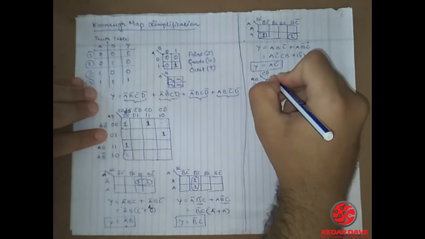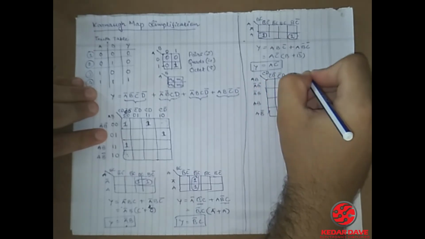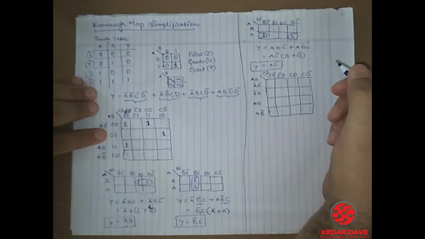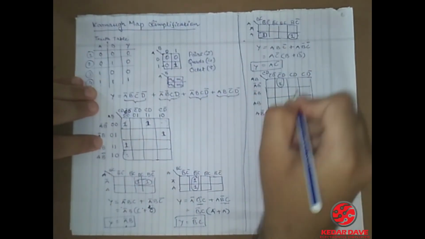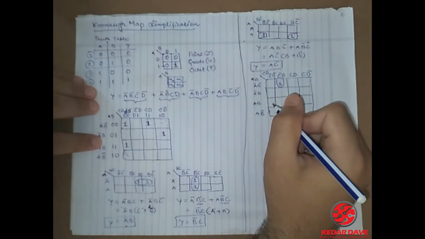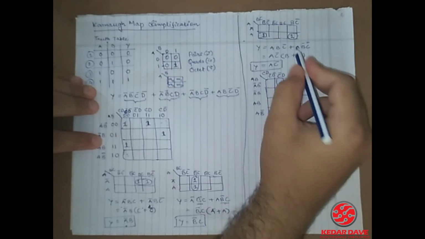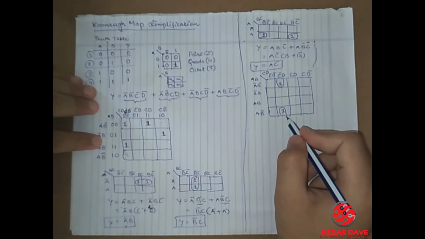And over here we are writing C D bar, C bar D, C D and C D bar. So one more thing, one is pairing over here, one is pairing over here. So this quad can be represented by this kind of method, and we can simplify this thing, right?